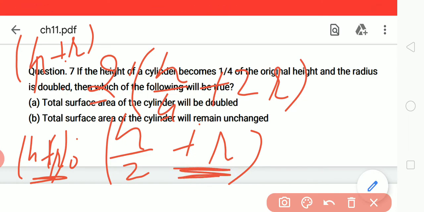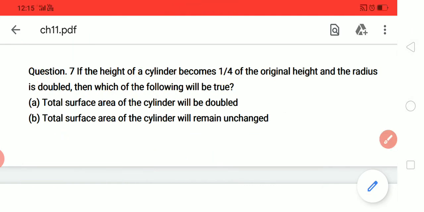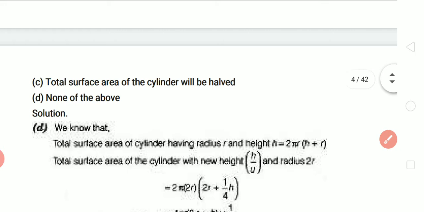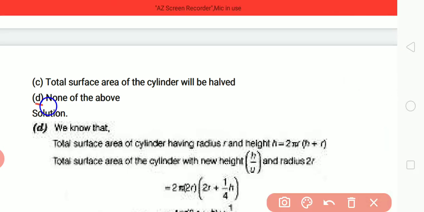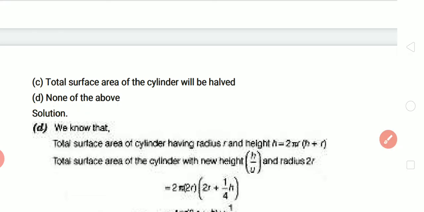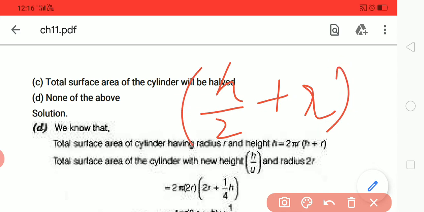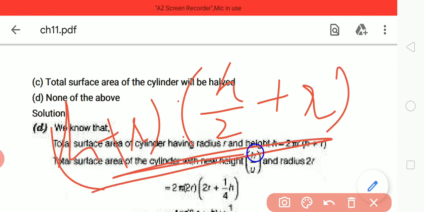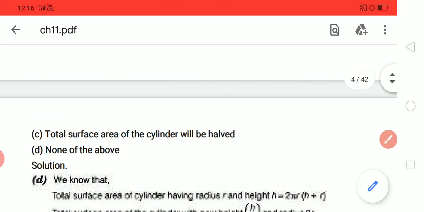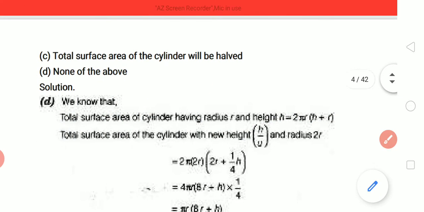So the answer is D, none of these, because it is neither double nor single. We can't cut h/2 + r with h + r in any way, so it is not possible that this is halved or doubled.